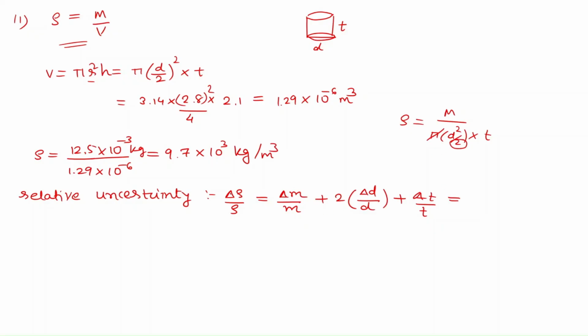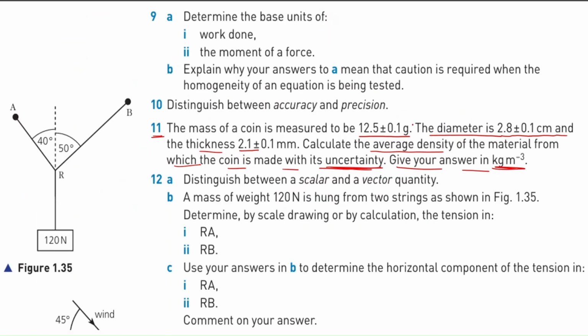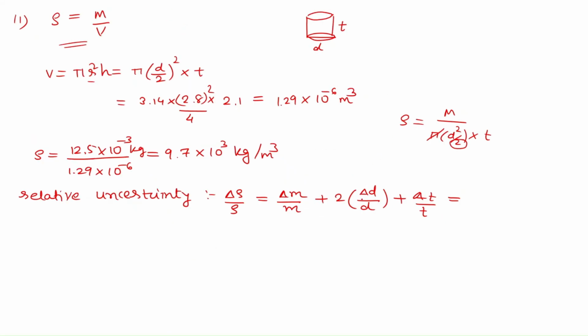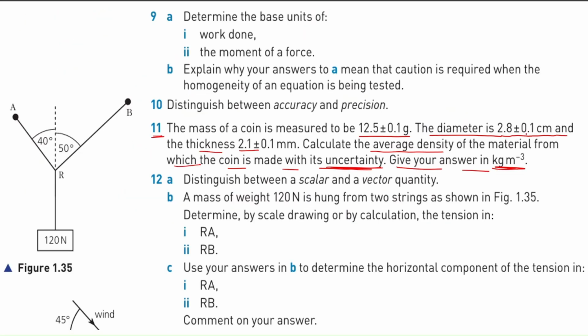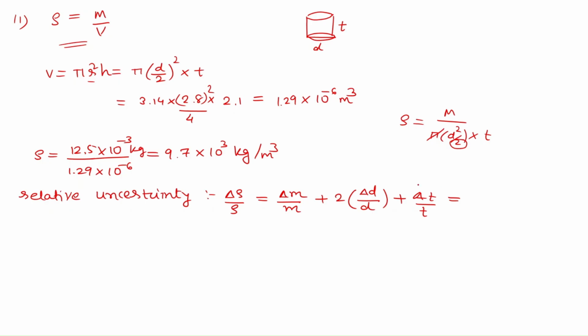Now from this, we can put the values. Delta m here is 0.1 into 10 raised to minus 3 kg. Delta d is 0.1 centimeter and delta t is 0.1 mm. So after putting the values of these, we got the answer 0.127. And now to find delta rho, 0.127 into rho, means 9.7 into 10 to the power 3.